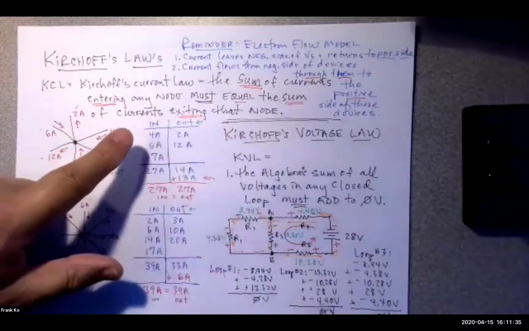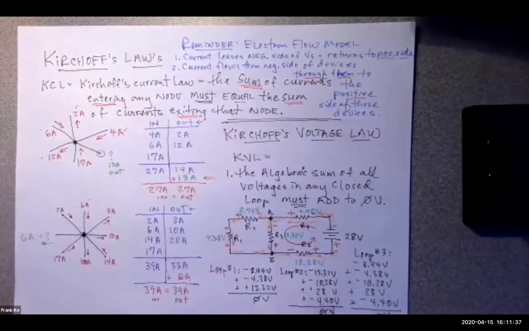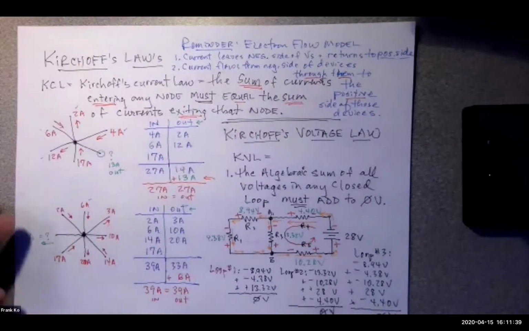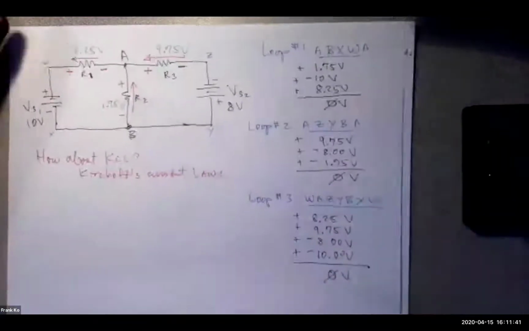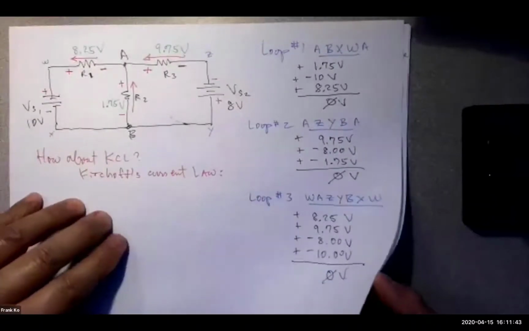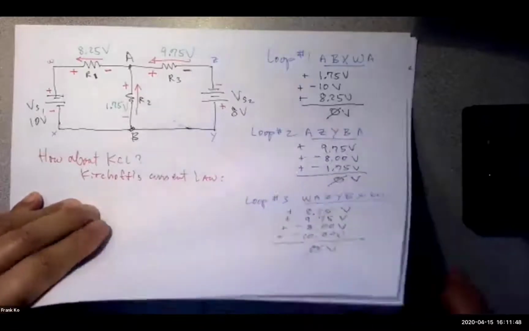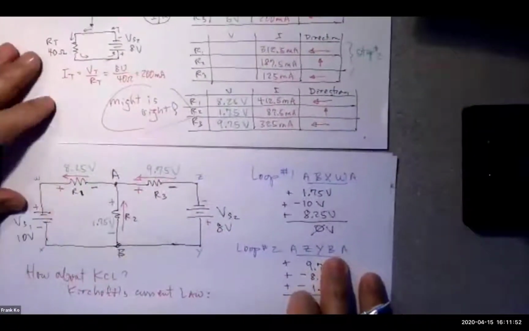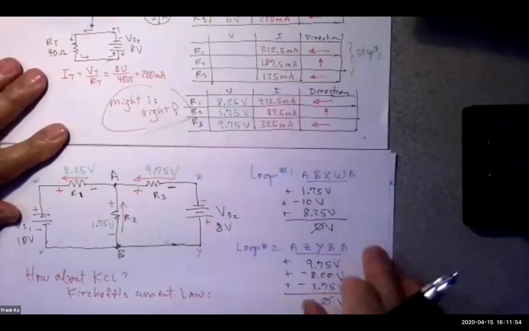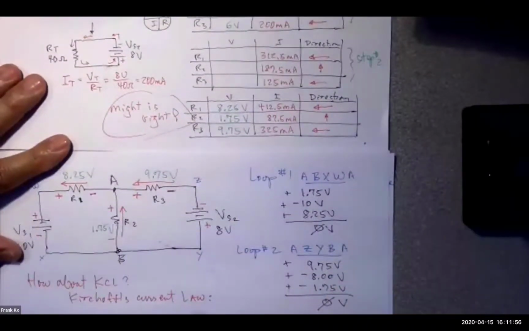Equal the sum of currents exiting that node. Well, let's see if that's true. From our summary document that we had done, did we have a summary of currents for all of these resistors? So why don't we put that information in here now?